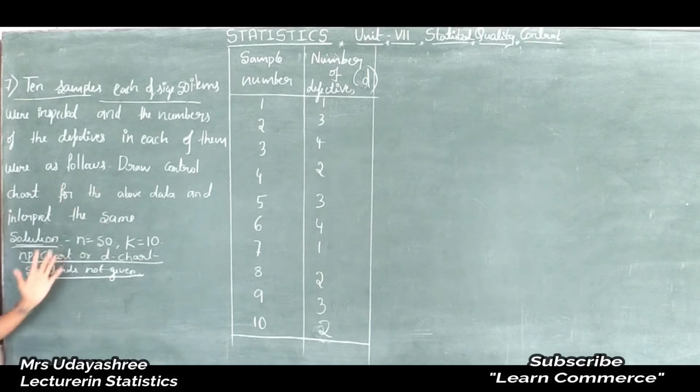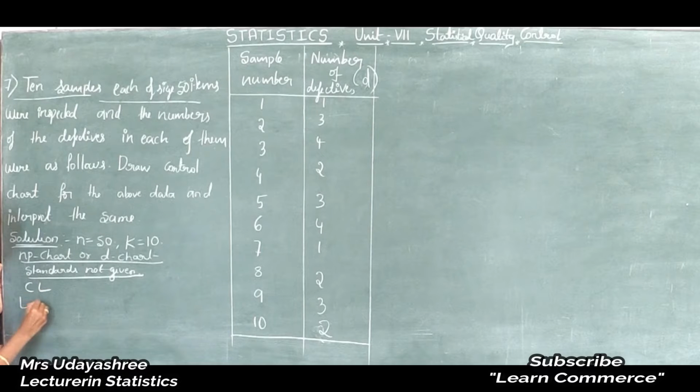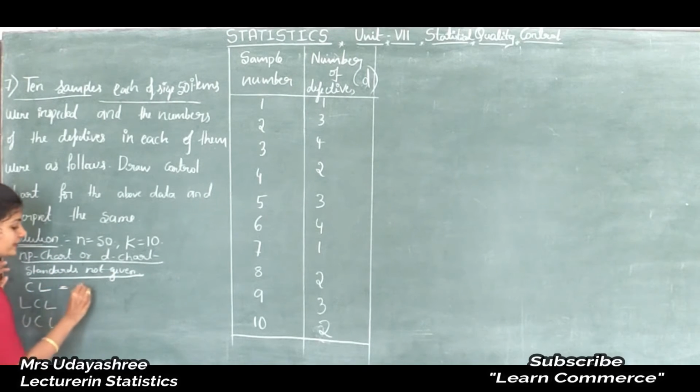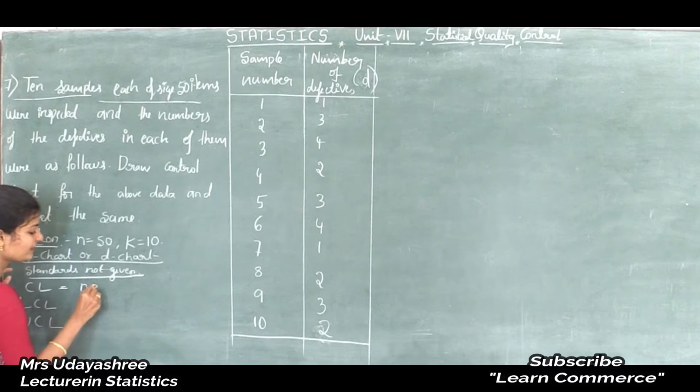Then what are the control limits to calculate for NP chart? That is the control lines: central line, lower control limit and upper control limit. To calculate the central line of NP chart or D chart in standards not given case, the formula is n P bar.